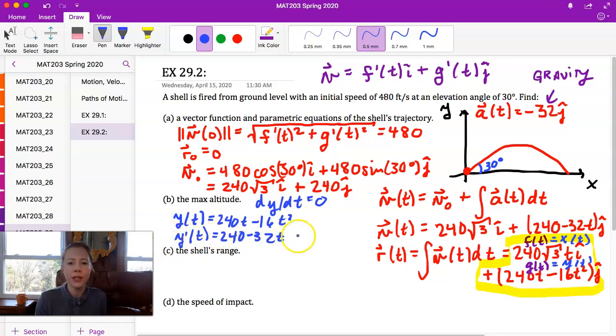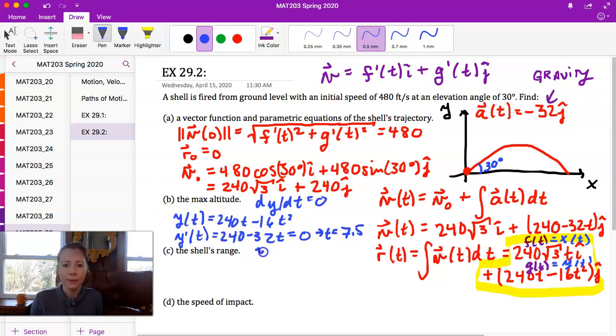And when this is 0, we get the time for our max altitude. So if we solve for t, we get t equals 7.5 seconds. And so now that we know the time that the max altitude occurred, we can plug in 7.5 for time into our y of t, and that'll give us the max altitude.